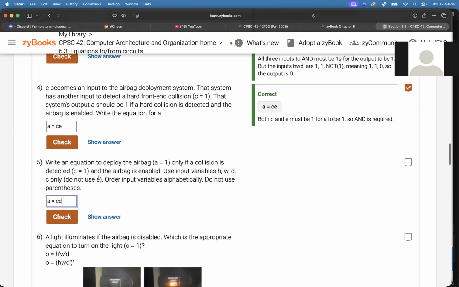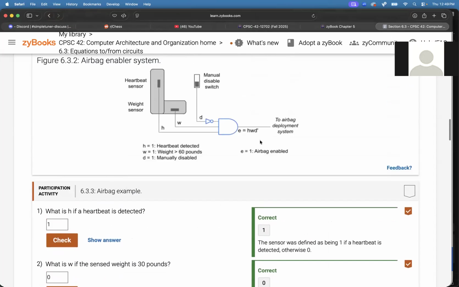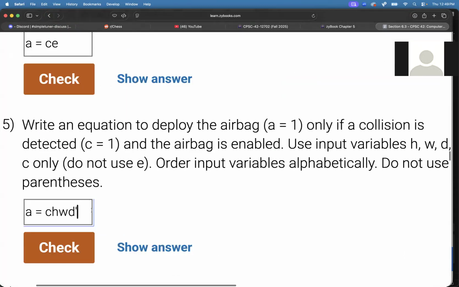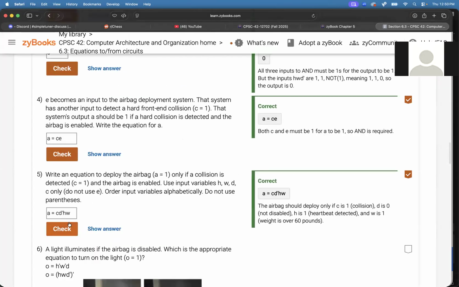So we already know that E is H, W, not D. So we get rid of the E and put H, W, not D. Now the problem with this is it says order the inputs alphabetically. So we got to move the not D next to the C. So C, D, H, W. That seems fine.